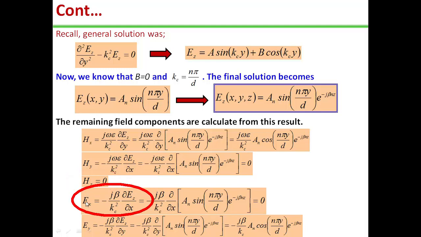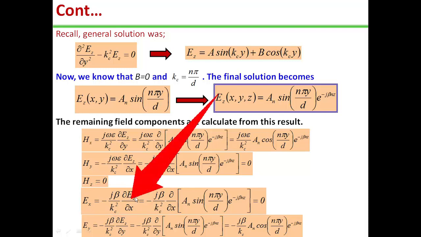And we can also calculate the electric field component along the x direction, that is Ex is equal to minus j beta divided by Kc square del by del x Ez. After putting the value of Ez and differentiating with respect to x, we will have Ex is equal to 0 because there is no component of Ez which varies with x.